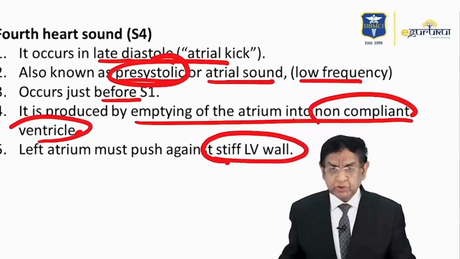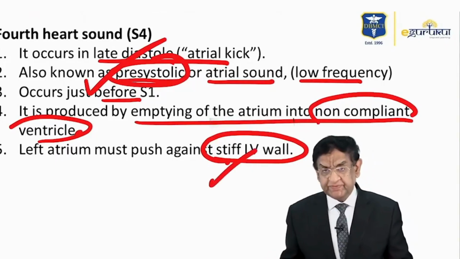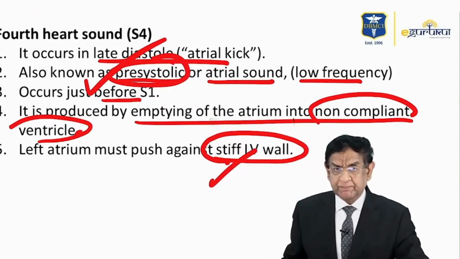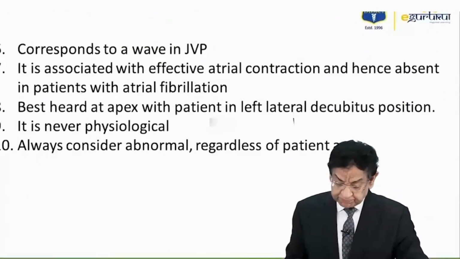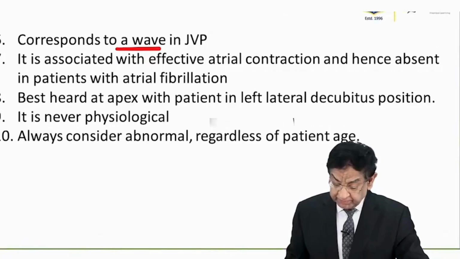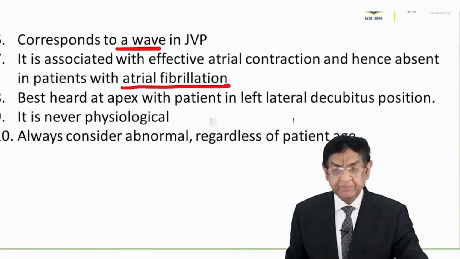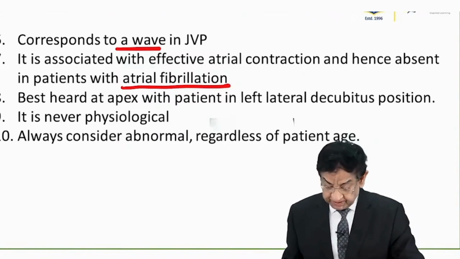The extra two keywords are pre-systolic, and the stiff LV wall or so-called non-compliant left ventricle. It corresponds to the A wave in JVP, the point we learned, and it will be absent in atrial fibrillation. This point you already have written.